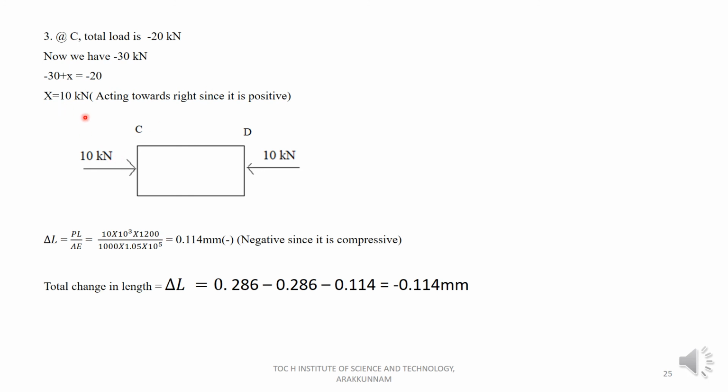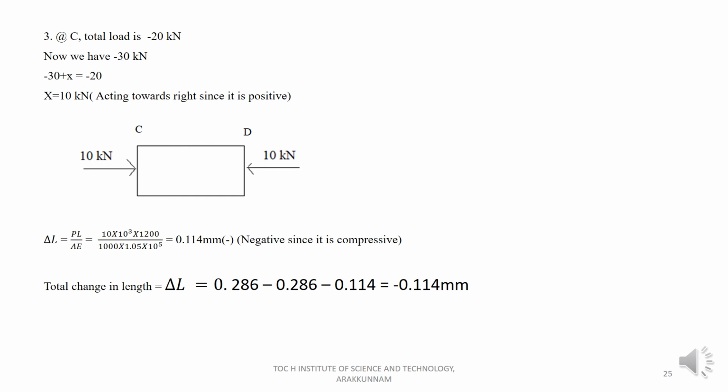So x is equal to 10 kilonewton, compressive in nature. You will get the value of delta L by using the expression PL by AE, which is equal to minus 0.114 mm. So the total changing length delta L is equal to 0.286 minus 0.286 minus 0.114, which is equal to minus 0.114 mm.